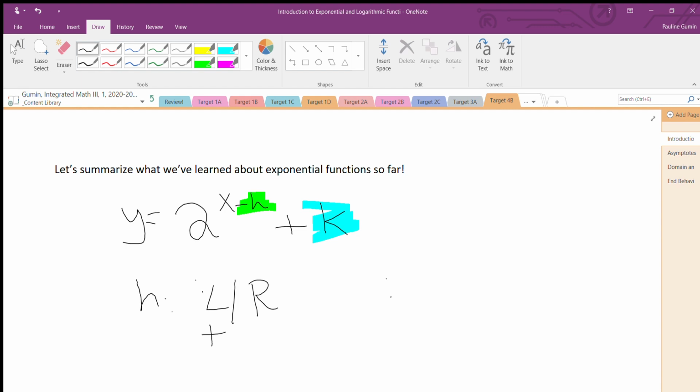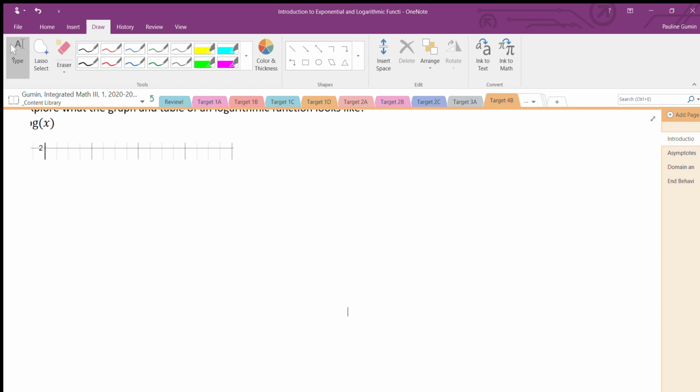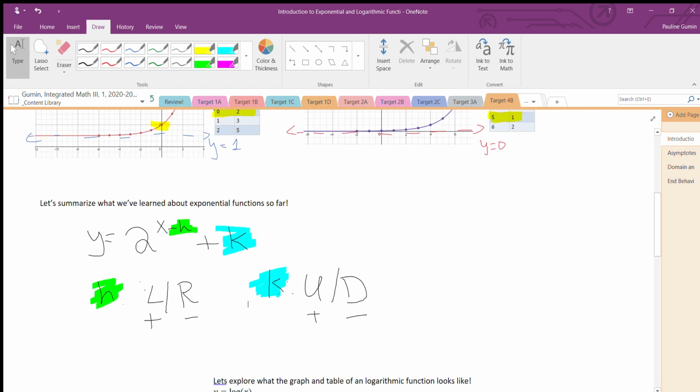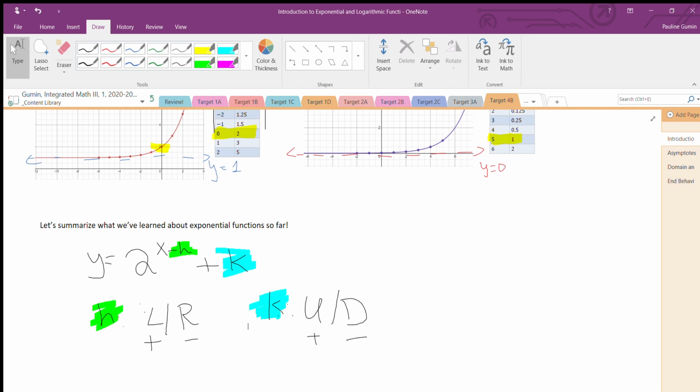Left would be a plus sign, right would be a minus sign. k is up/down. Up would be addition, down would be subtraction. Oh, by the way, I wanted to point this out. Your k is directly, let's just type that out.